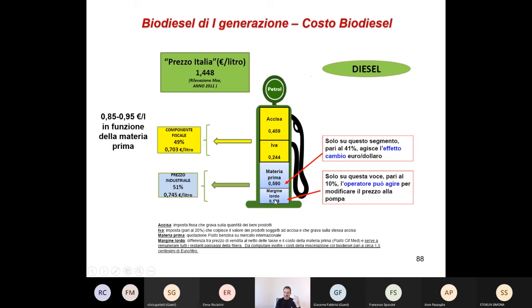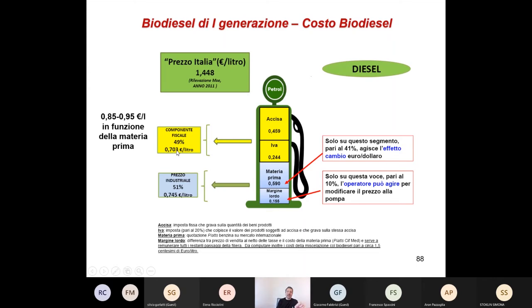These days everyone has seen on television pictures like these. This is a very old picture, but of course we are sure that the percentage of taxes is the same, maybe more than 50%.